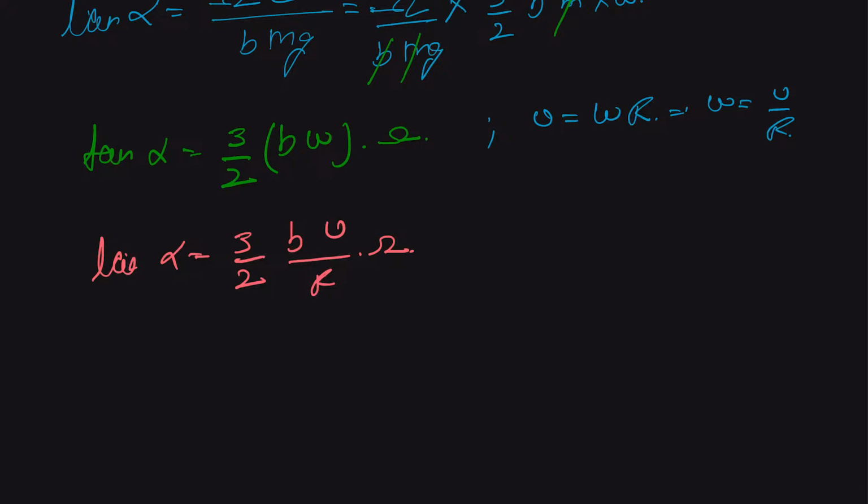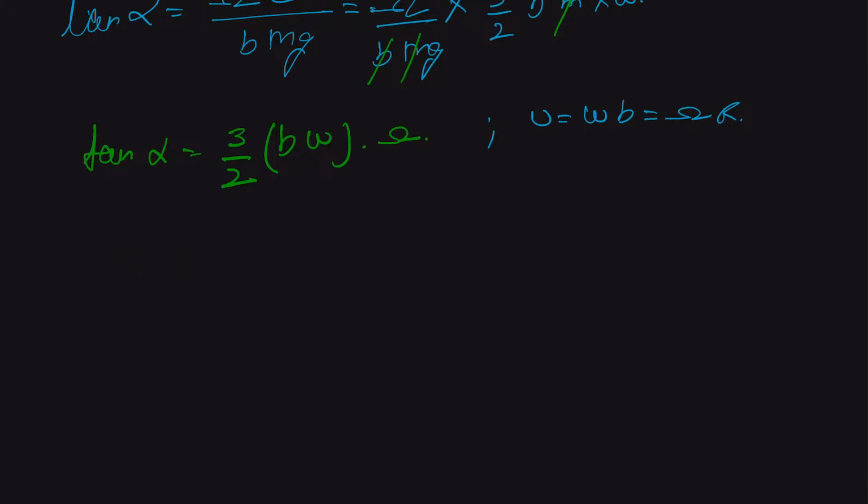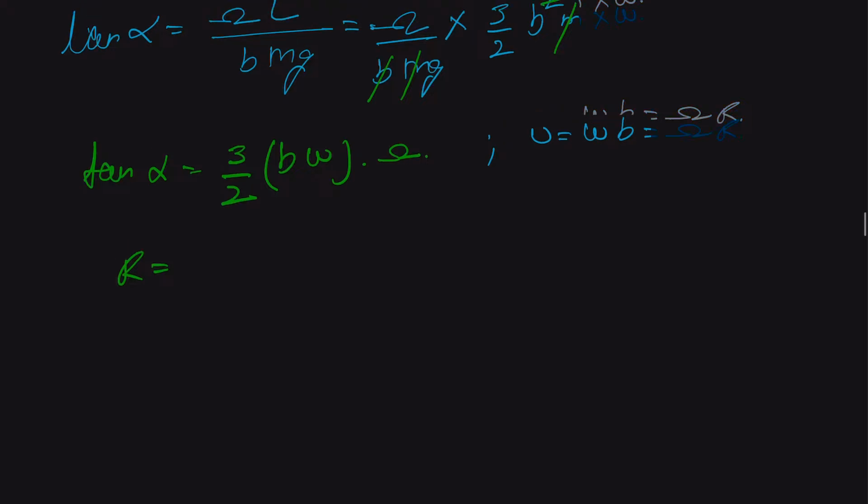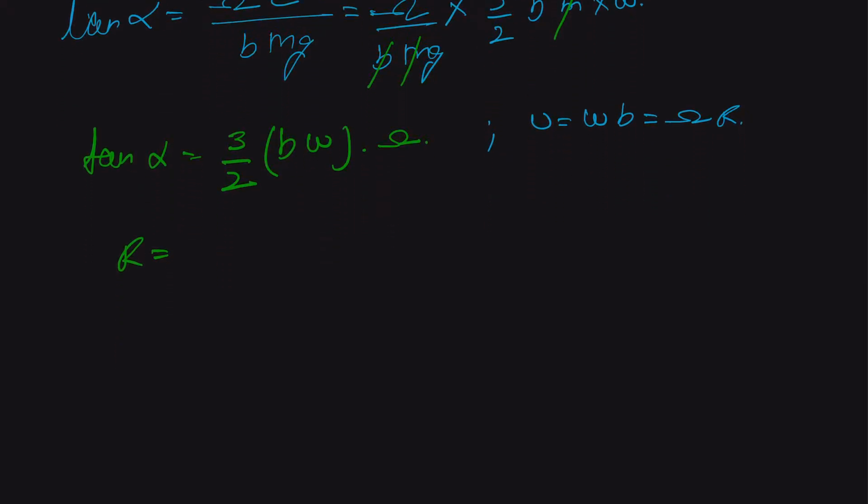Okay, sorry, we can write that our v is equal to omega times b, not r, and this will be equal to omega times capital R. Therefore, we can say that the radius R will be equal to 3v square divided by 2g tangent of alpha.